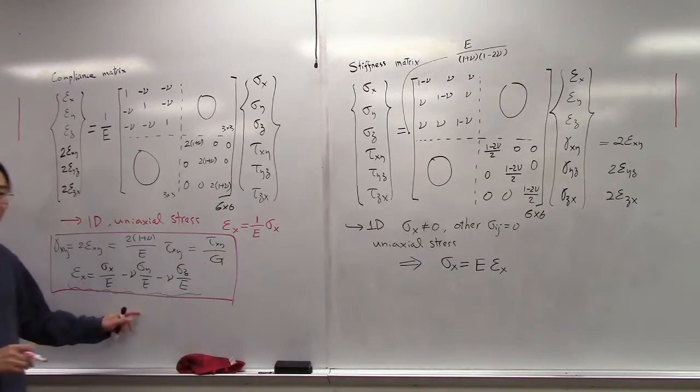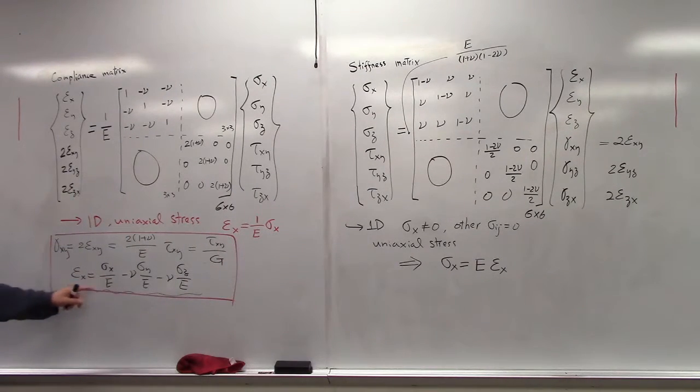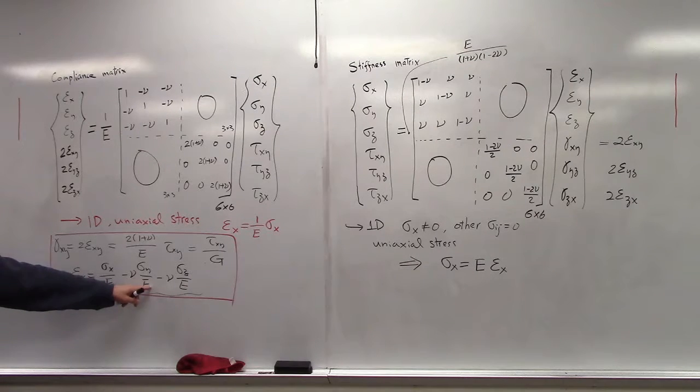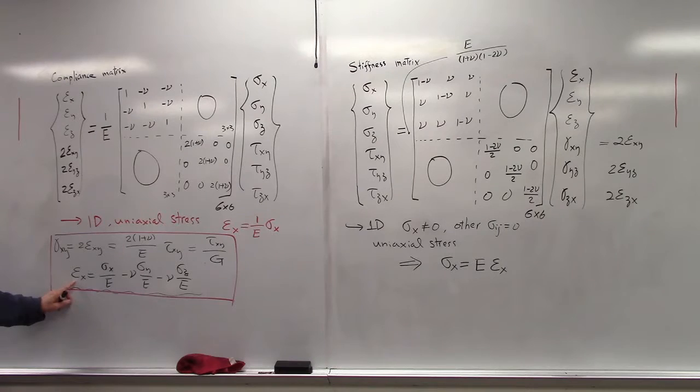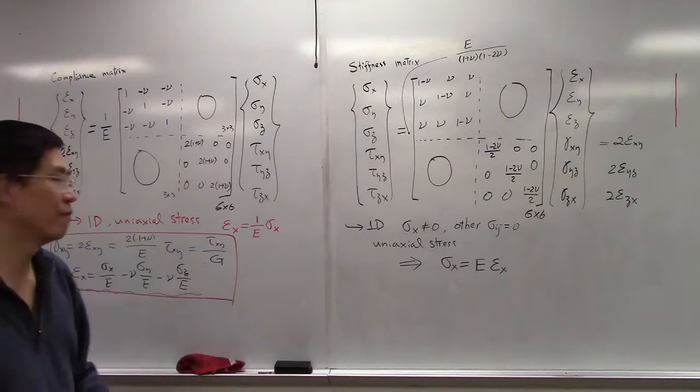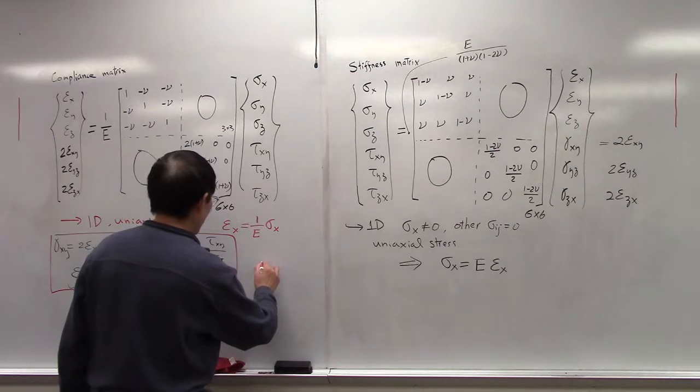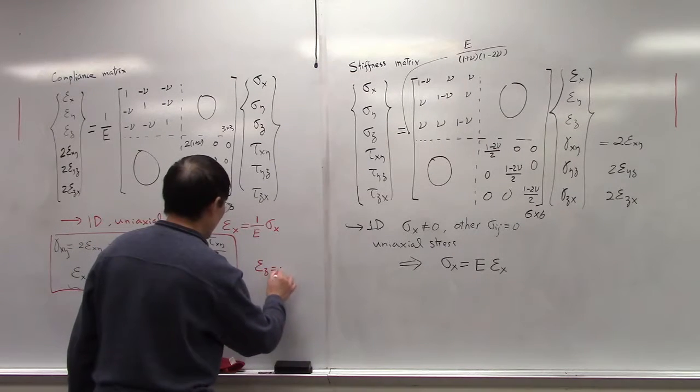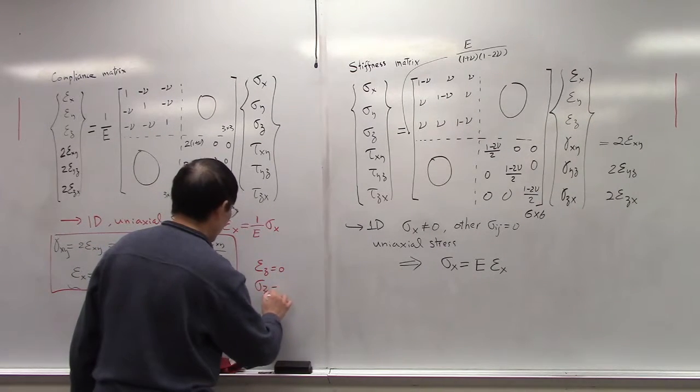relationship. And as you can see clearly from that, once there's a non-zero Poisson's ratio, the normal strain in one direction is affected by normal stresses in all three directions. This one and this one and that one. Therefore, in general, you cannot have the case where epsilon z is 0 and also sigma z is 0.